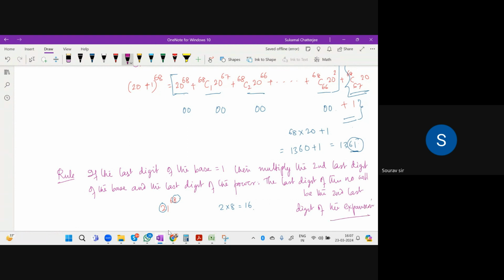The second last digit of the expansion is 6, and that 6 is coming from this 2 into 8, 16. So this 6 goes here. And the last digit will be 1 because the base is ending in 1. See the logic? The last digit has to be 1. Is it clear for everyone?